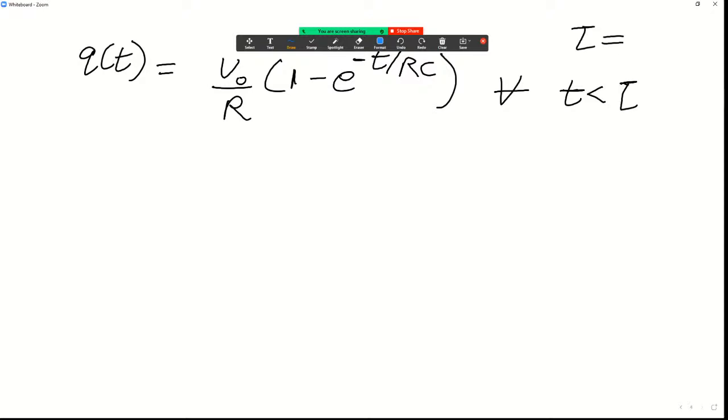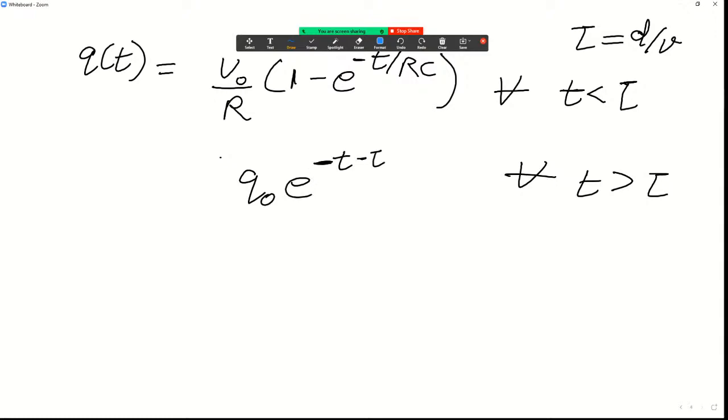Here tau is d by V. And for t greater than tau, we have Q naught times e to the power minus (t minus tau) by RC, where Q naught is V naught by R times 1 minus e to the power minus tau by RC.